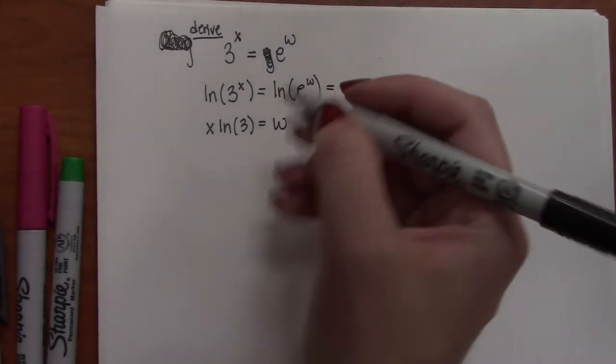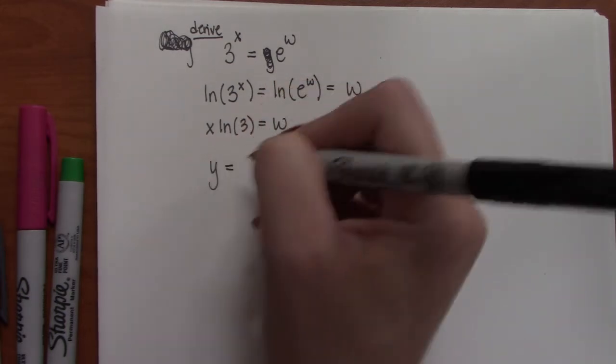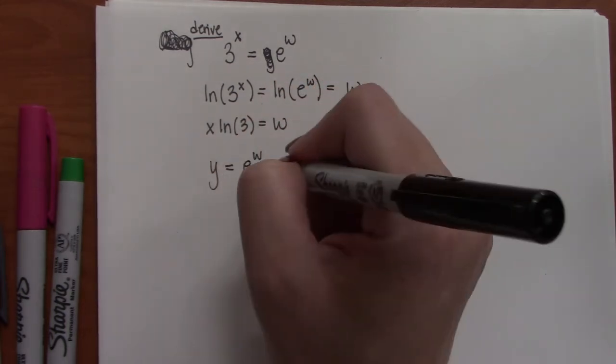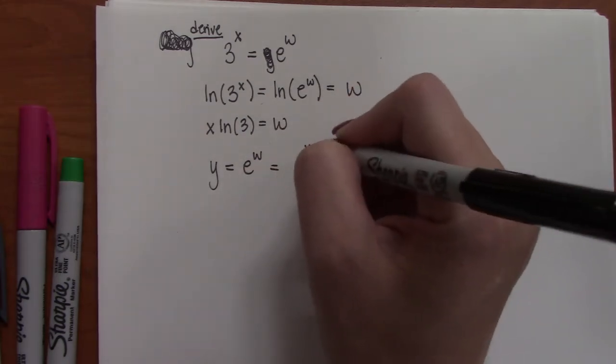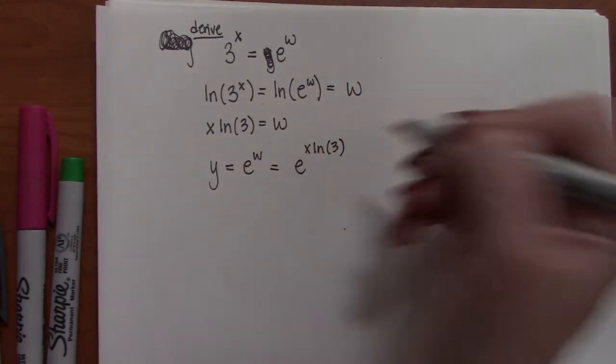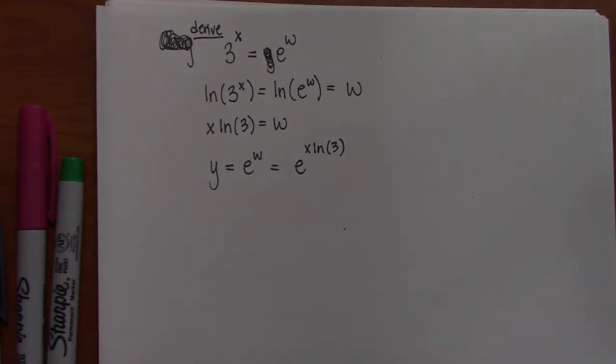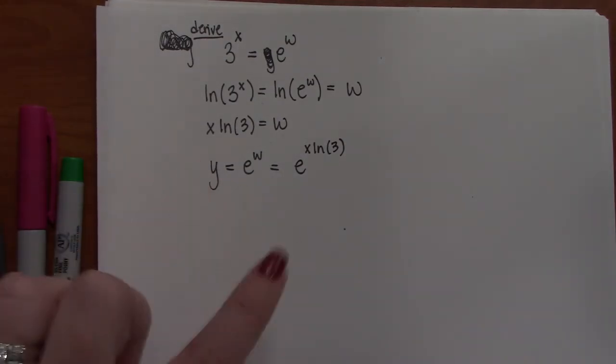So if you start now with the e to the w, what we wanted you to do was plug what you just found for w into that guy. Now you've created a chain rule problem for yourself.